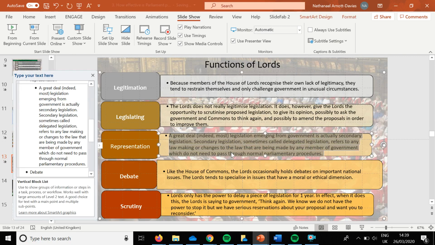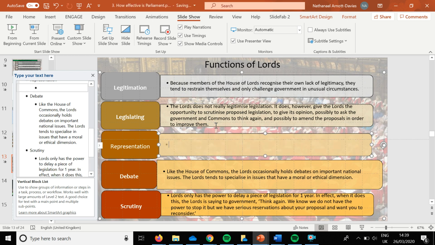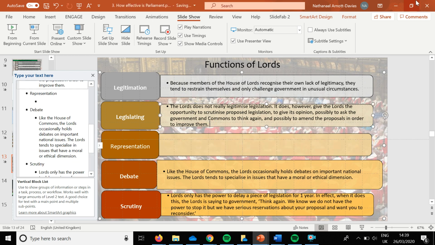So if I look at it, a great deal of legislation emerging from the government is actually secondary legislation. Secondary legislation, sometimes called delegated legislation, refers to laws or lawmaking or changes to the law that are being made by any government member, which do not need to pass through normal parliamentary procedures. So that would probably go in here.